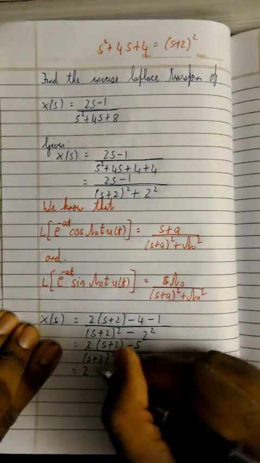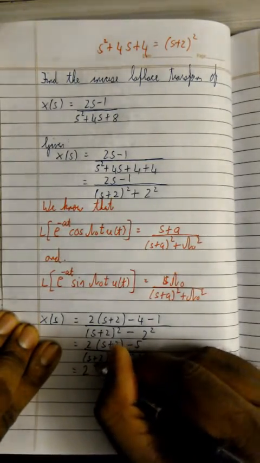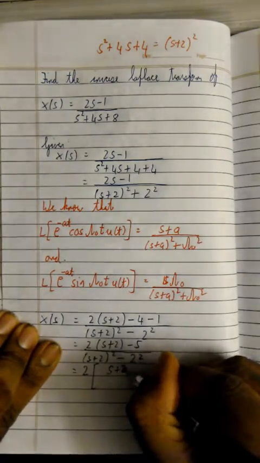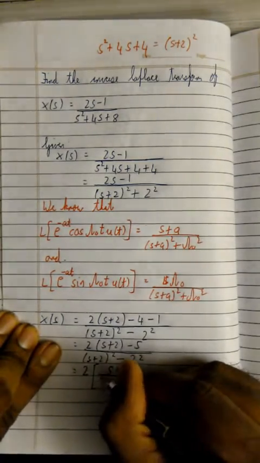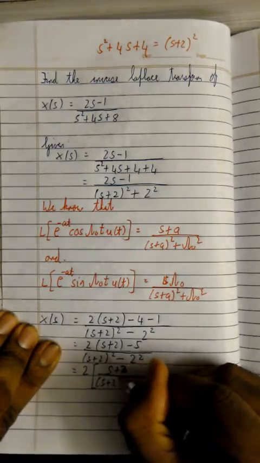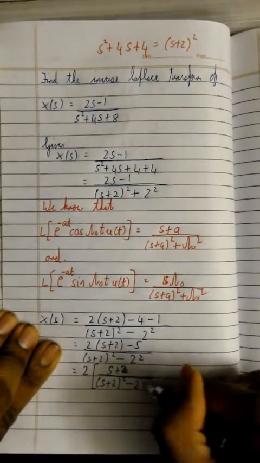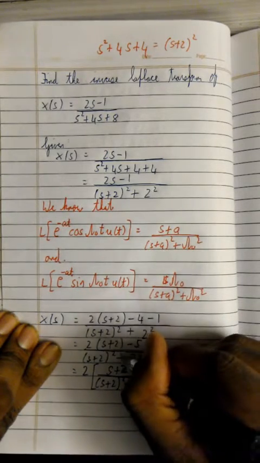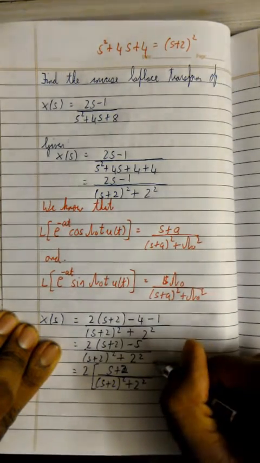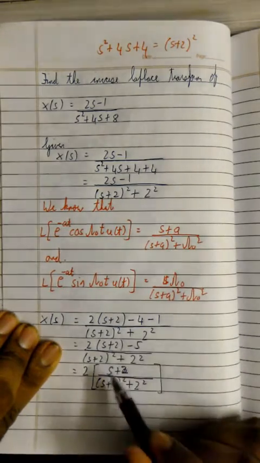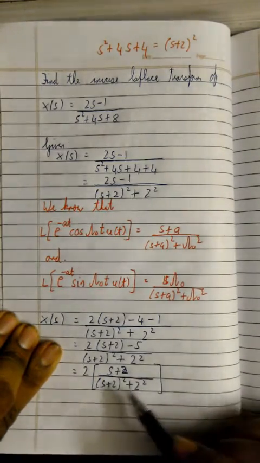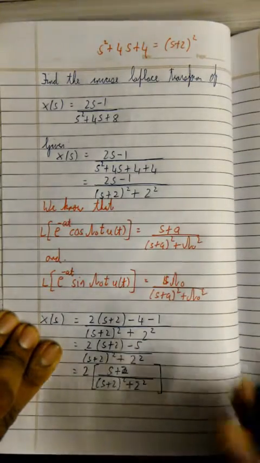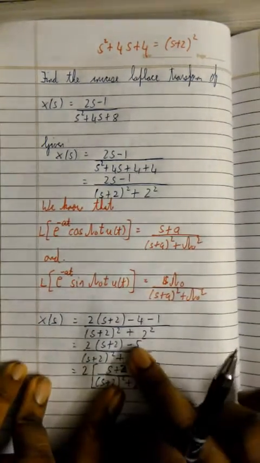The first term will be 2 into (s plus a) by (s plus a) the whole square plus ω0 square, it's plus over here. So, (s plus 2) by (s plus 2) whole square plus 2 square. I have made this in this format, so now I can write the answer directly. And what about the second term? Here it is minus 5.